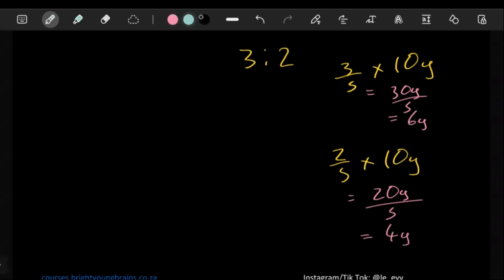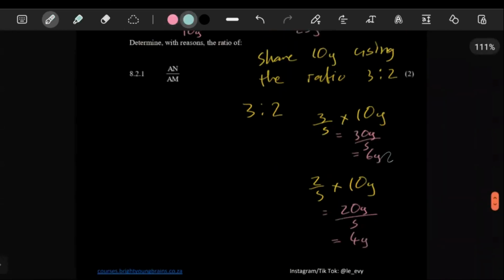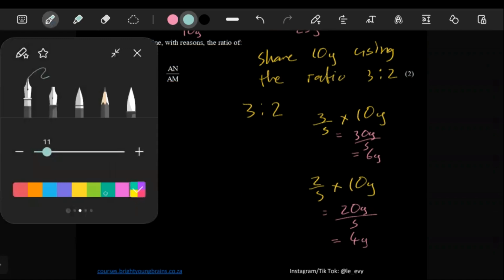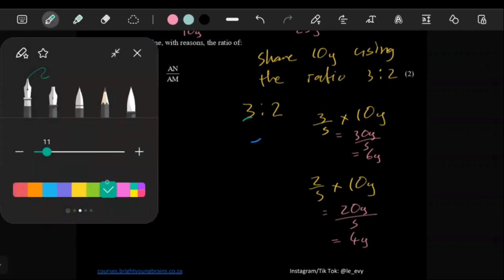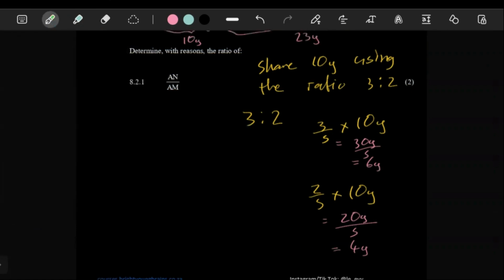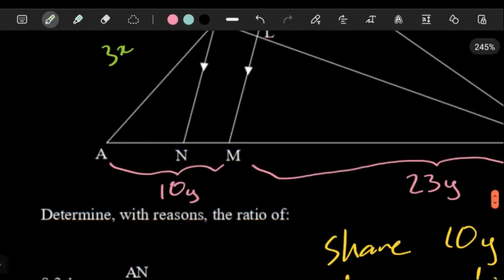So 6y and 4y. Then you need to carry on from here. What you now know is that this is 6y, and this is 4y.